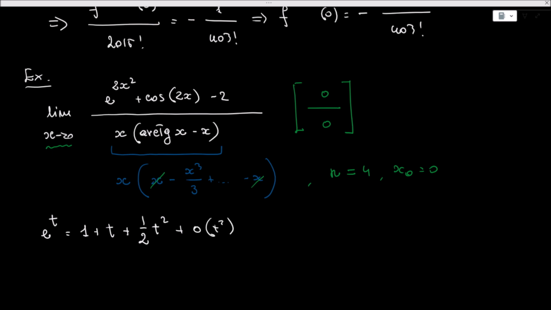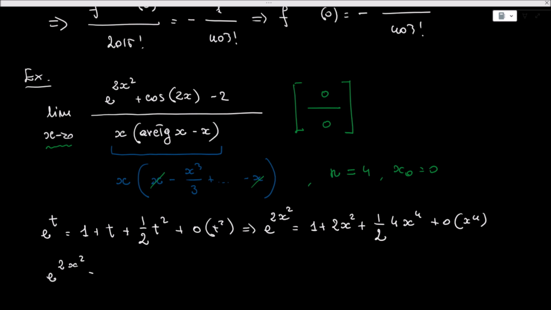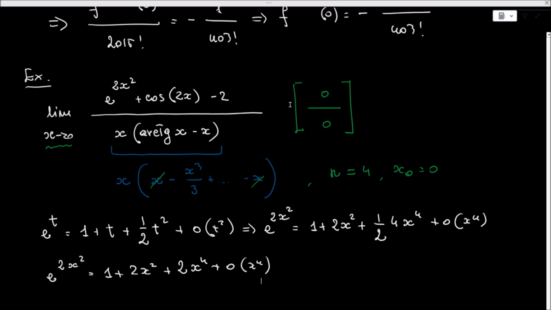Actually we need to replace t with 2x squared, so we get e to the 2x squared equal to 1 plus 2x squared plus 1/2 of 2x squared squared, which is 4x to the 4th over 2, so 2x to the 4, plus little o of x to the 4. So the first function is done.